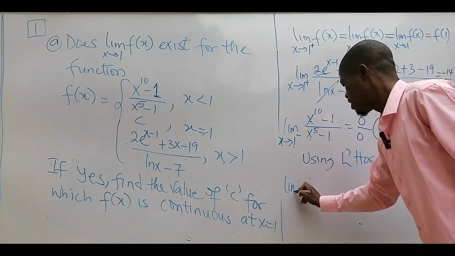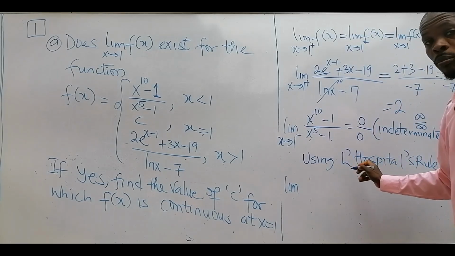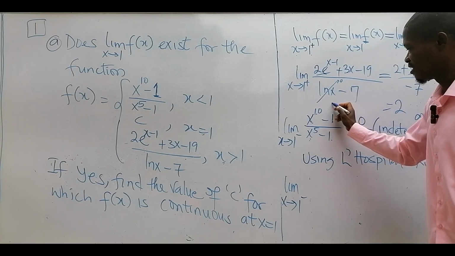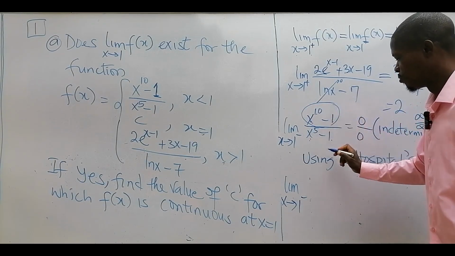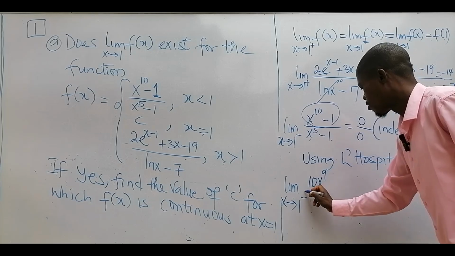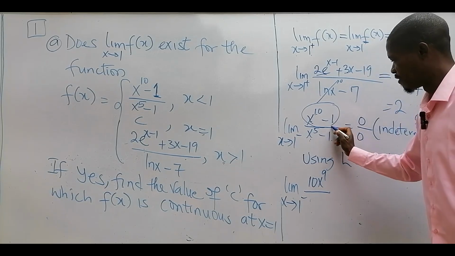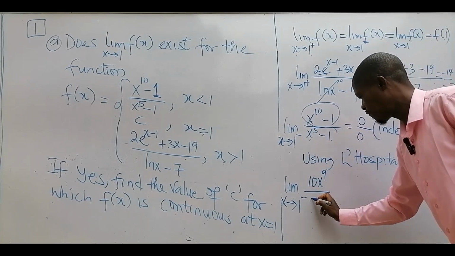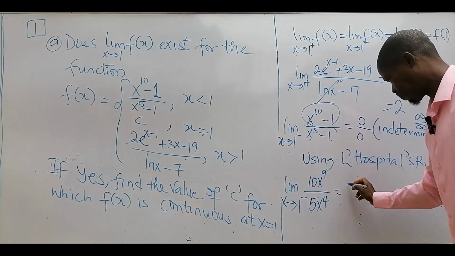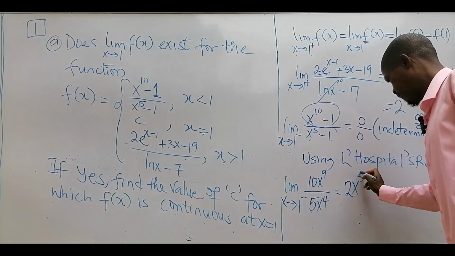And what we are doing in applying L'Hopital is very simple. We're going to differentiate the numerator, which will be 10x^9, all over we're also going to differentiate the denominator, which will be 5x^4. And that will give us 2x^5.